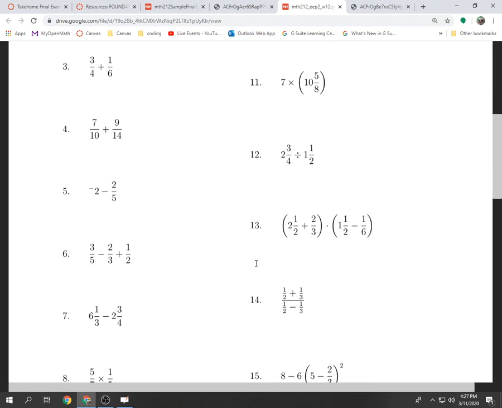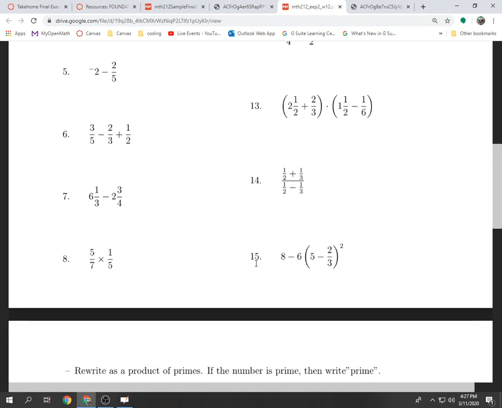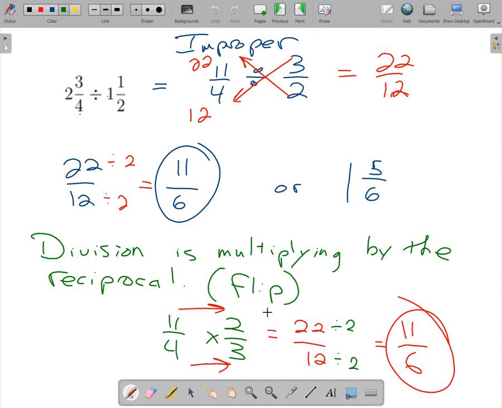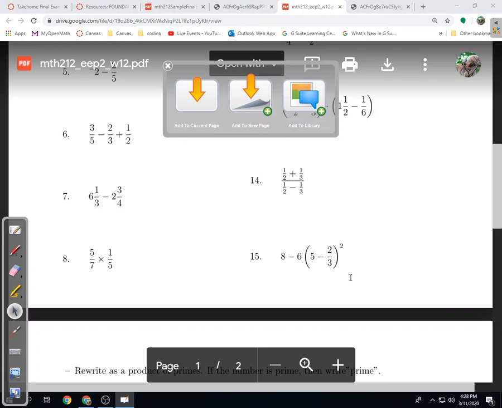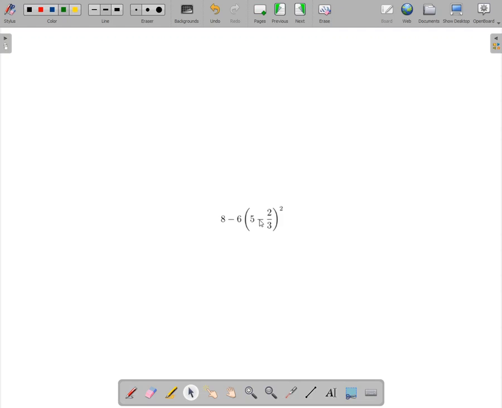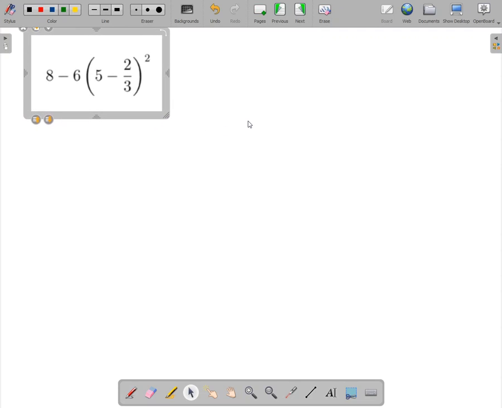How about number 15? All right, so mess around with it, try something, see what happens. I'll write out some work.